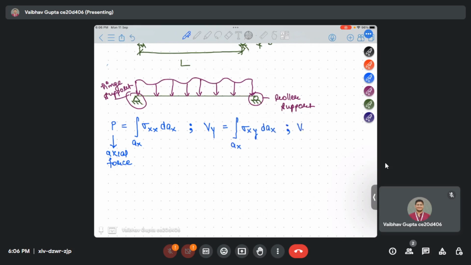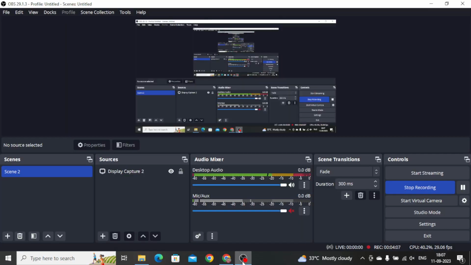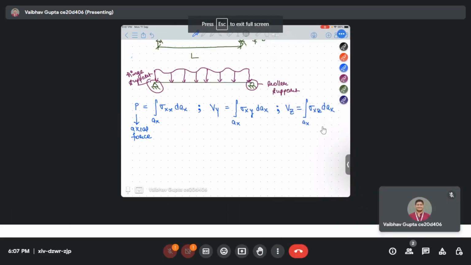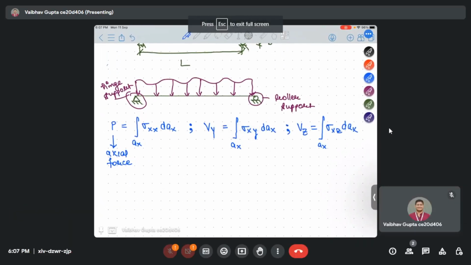And lastly, the shear force acting in z direction is equal to the area integral of sigma xz dAx. So this is the shear force acting in y direction, and this is the shear force acting along z direction.